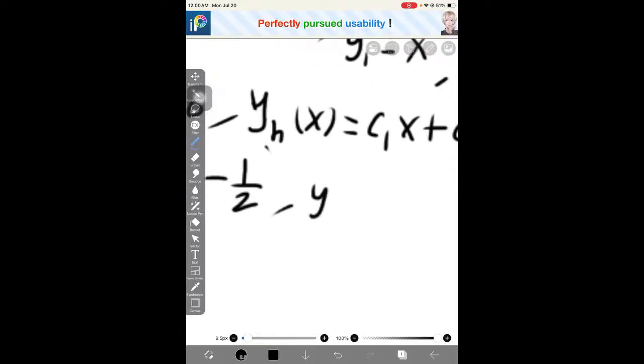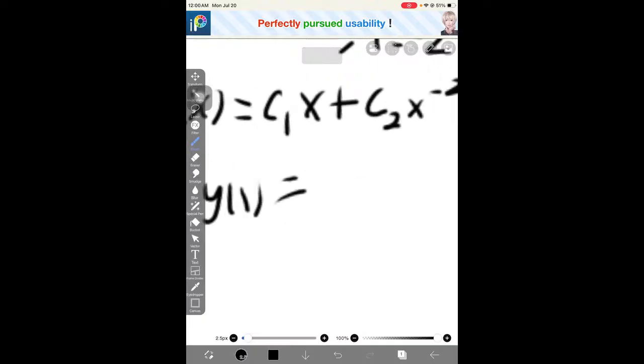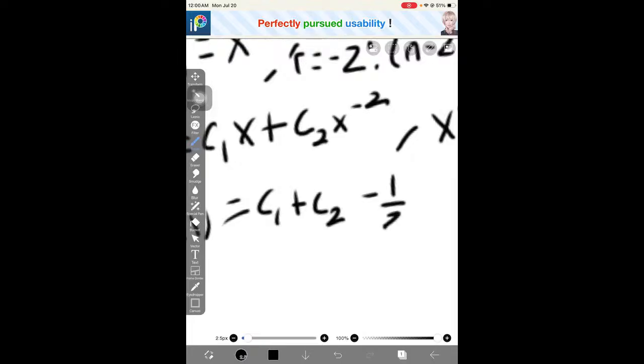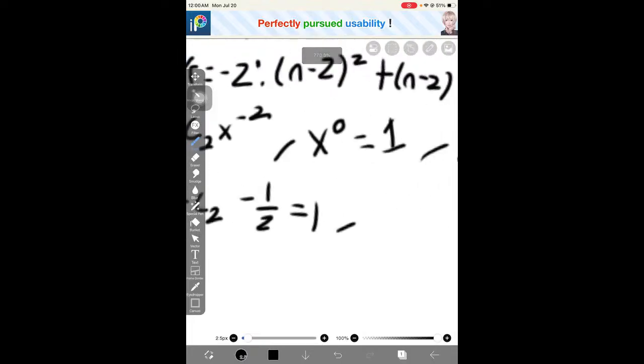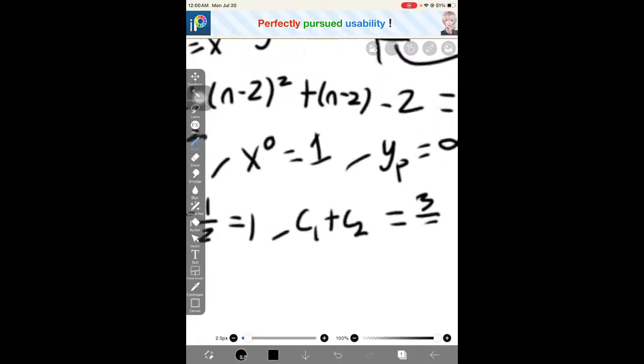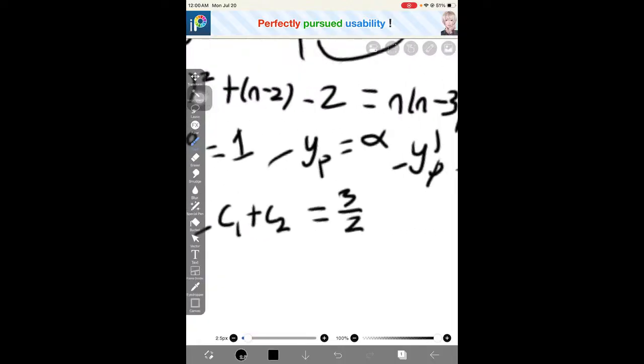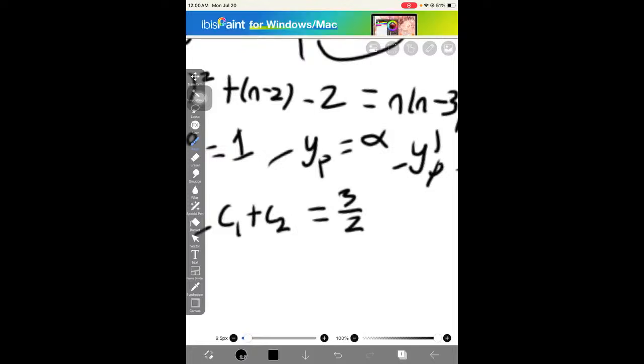We have y of 1, I keep saying sub, it's not even sub. c sub 1 plus c sub 2 minus 1 half equals 1. So c sub 1 plus c sub 2 equals 3 over 2, so the sum of these constants must equal 3 over 2.